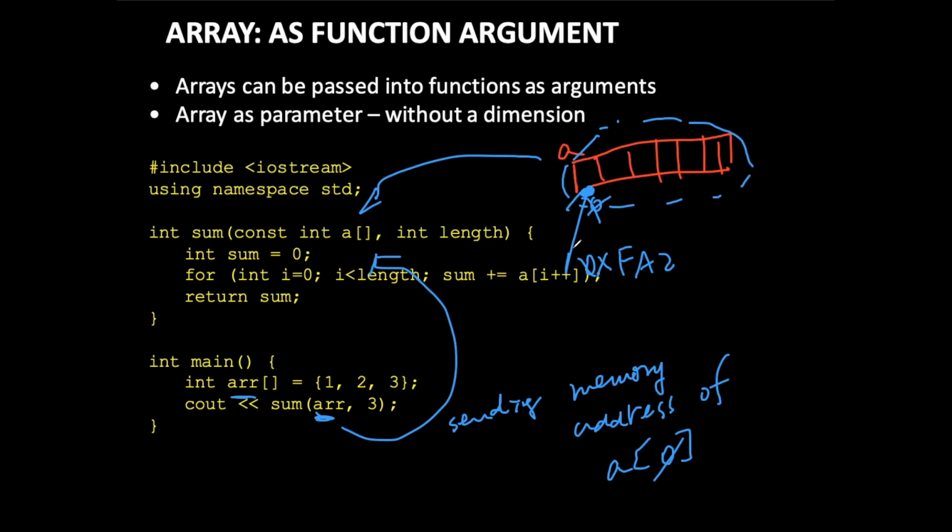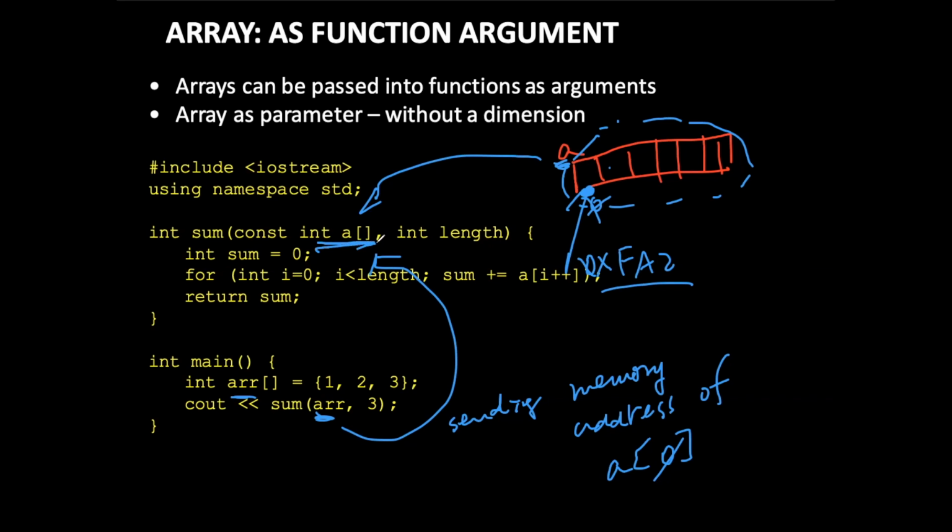Every time you refer to A[0], the very first location of your first element inside the array, it has an address, and that address is actually the memory address of your A. We don't care about the second element's address, or the third. We care about the address of the very first element. So that address is what gets passed into it.